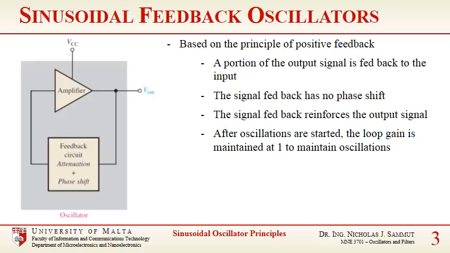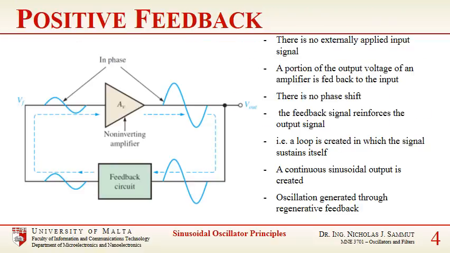So basically, for an oscillator, you need to feed back the output signal, have that form of instability through positive feedback. You make sure that your phase shift is not changed, and like that you also maintain the loop gain equal to 1, so that then you reach stability of oscillations. We will see this in more detail.